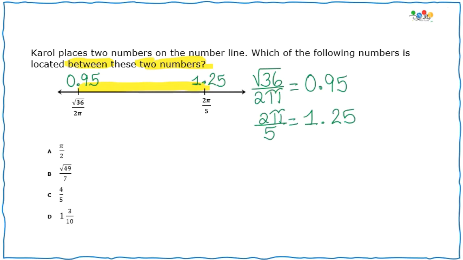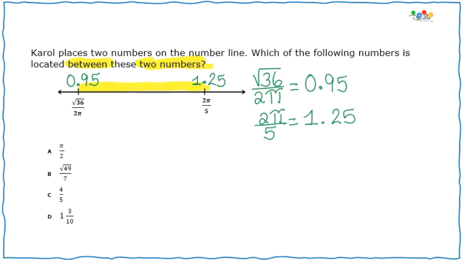So let's do the following numbers. Now I need to find pi over 2. Please input that in the calculator so that you can tell me what is the answer for that. Yes, it is going to be 1.57.